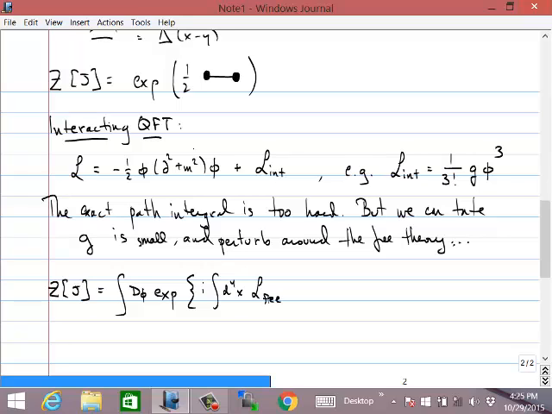So I'll just call that L free. So that's L free right there. Plus the interaction term plus our coupling term J phi.